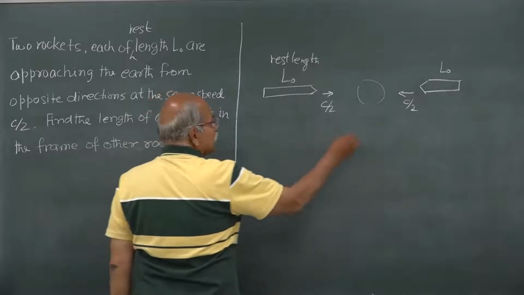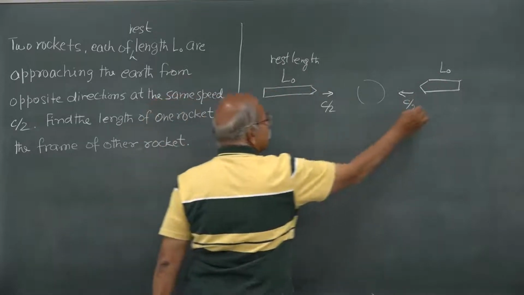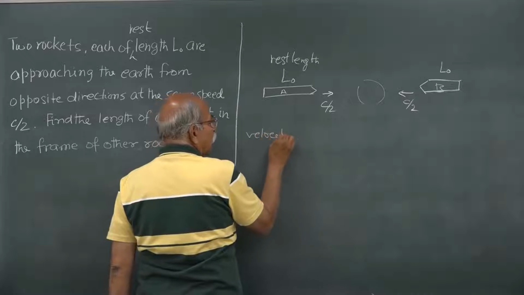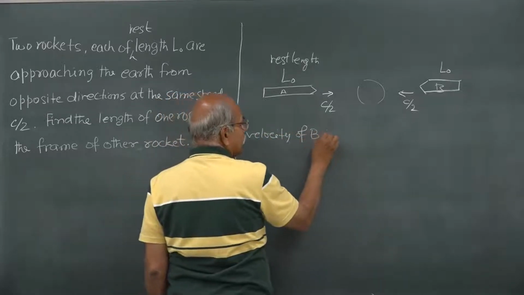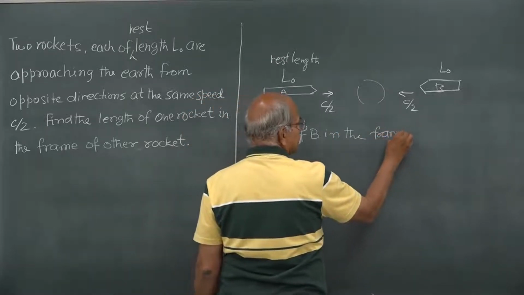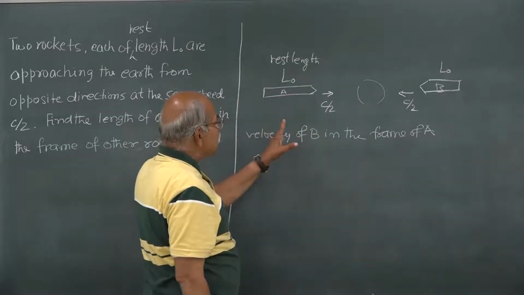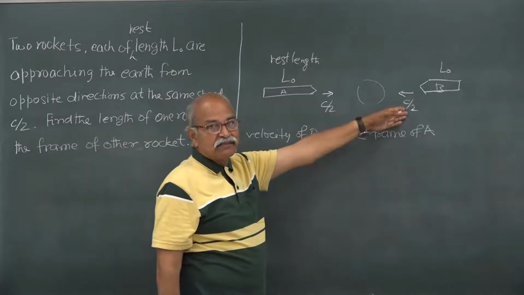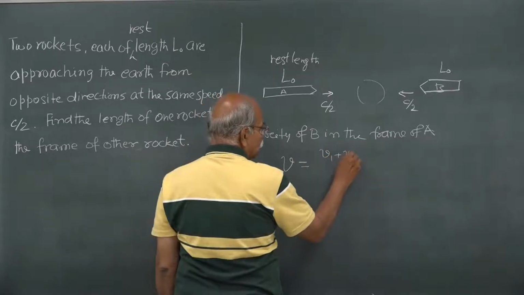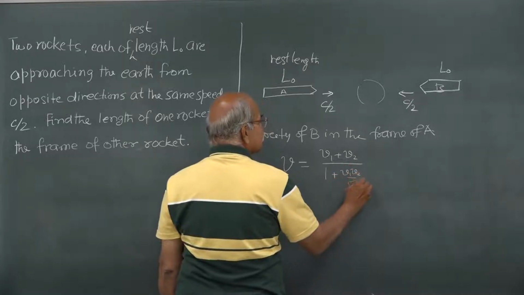Okay, so first we calculate the velocity or the speed of this rocket with respect to this one. So, if I call it B, if I call it A, then velocity of B in the frame of A or with respect to A. If it is Galilean transformation, it will be c by 2 plus c by 2 equal to c, but here V will be equal to V1 plus V2 and then divided by 1 plus V1 V2 by c square, that is the equation.